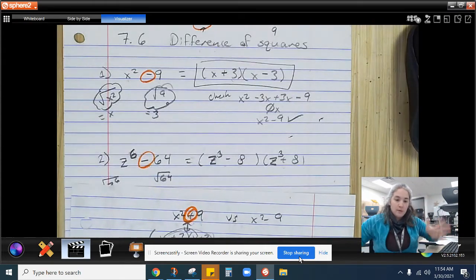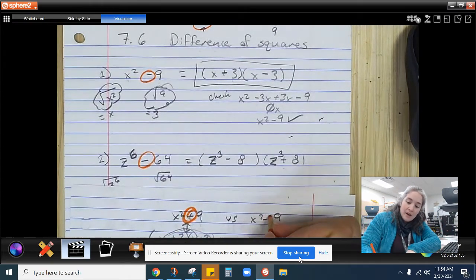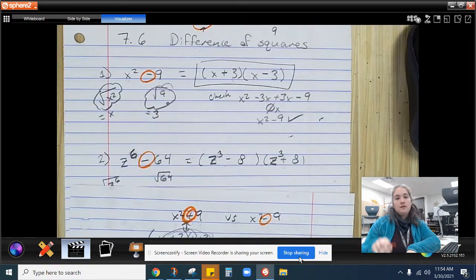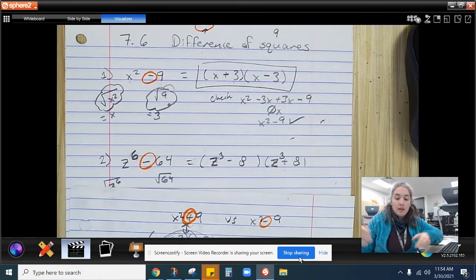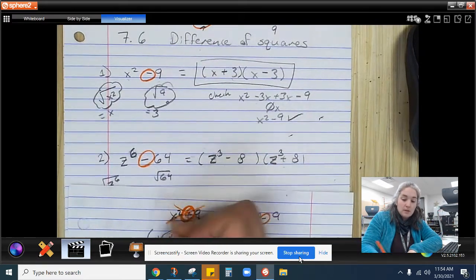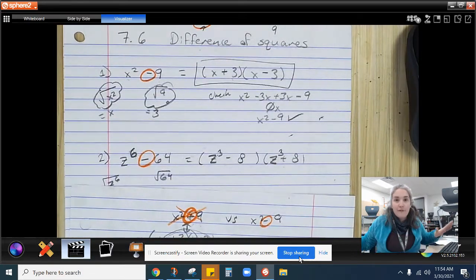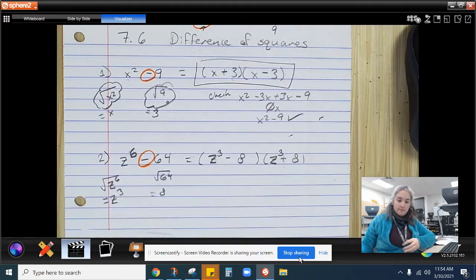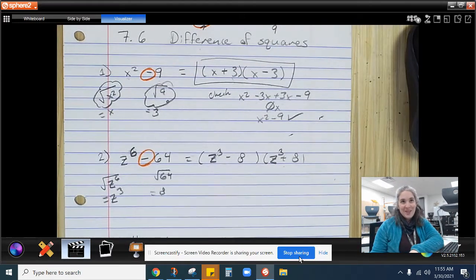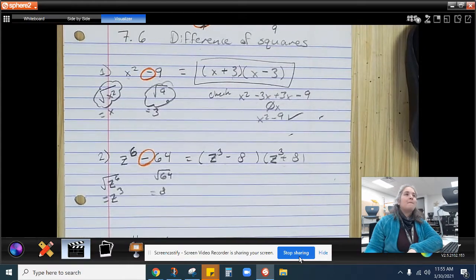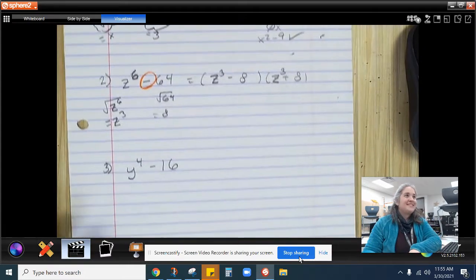We must have the subtraction sign. Otherwise, this rule does not work. This is not factorable. X squared plus 9, you cannot factor it. That's as factored as it gets. All right? Sorry, I got a little animated. Pet peeve.